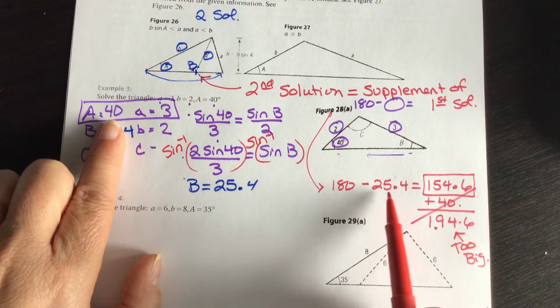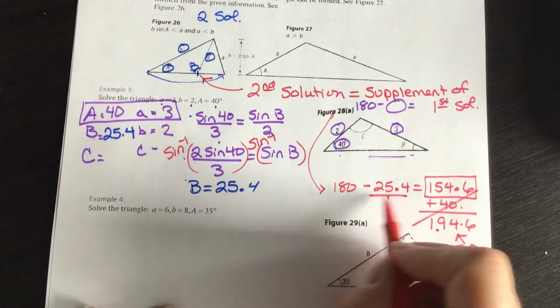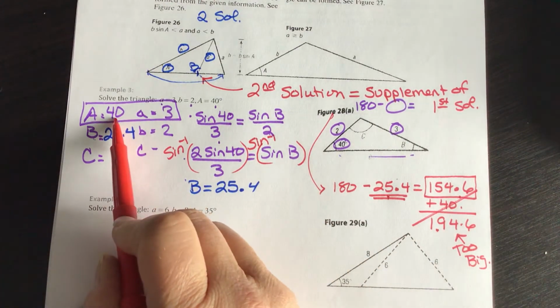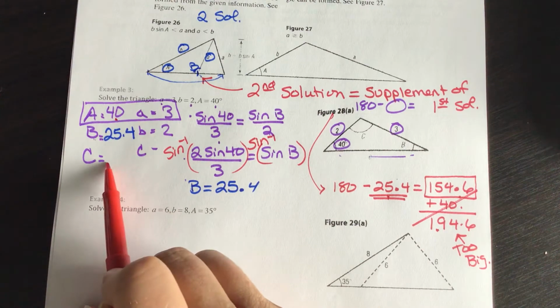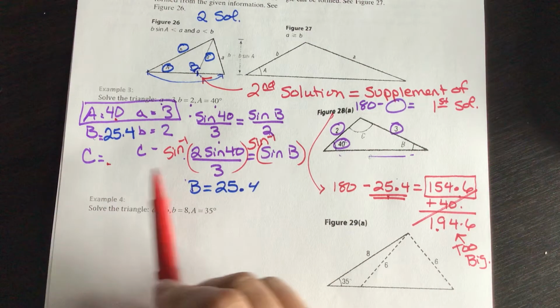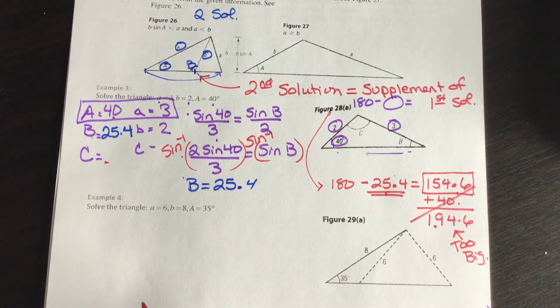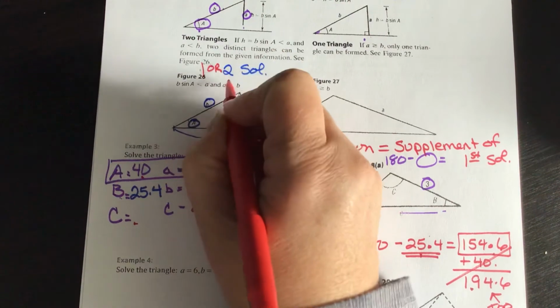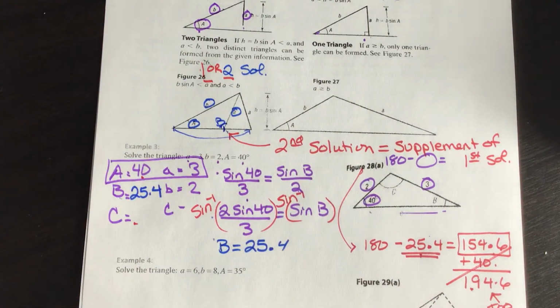So the supplement of 25.4 is too big to go with the other angle I have, let alone a third angle. So this one is only going to have one solution. So I should say up here I can have 1 or 2 solutions.